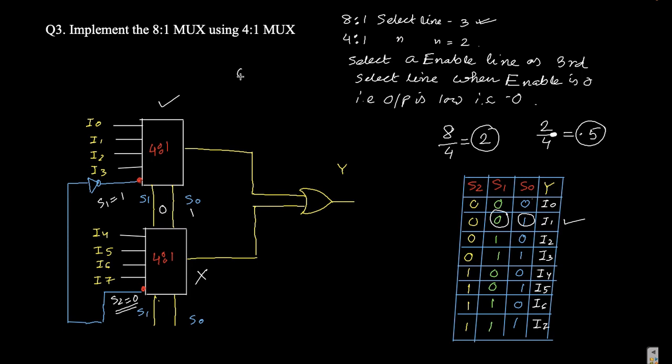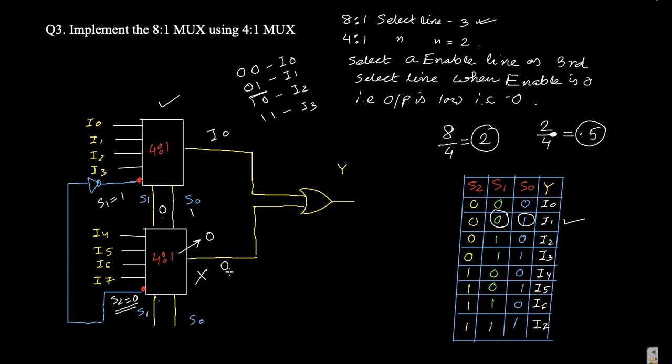When it is 0 0, then I0 is selected, 0 1 I1 selected, 1 0 I2 selected, and 1 1 I3 is selected. So here 0 1 is given, it means that I1 is selected. As S1 is 1, then S2 becomes 0 over here. So if S2 is 0, then the output of this multiplexer becomes 0, so this becomes 0.